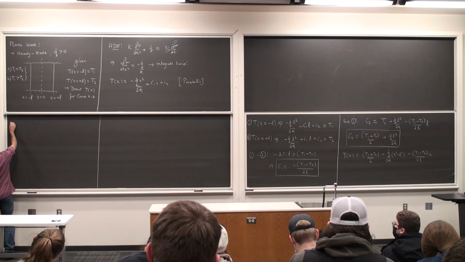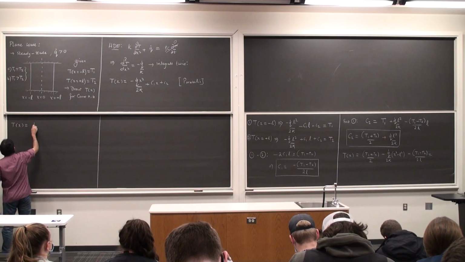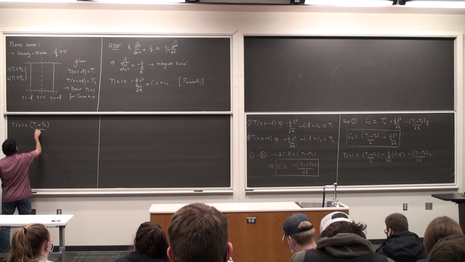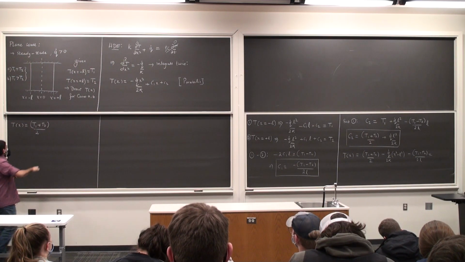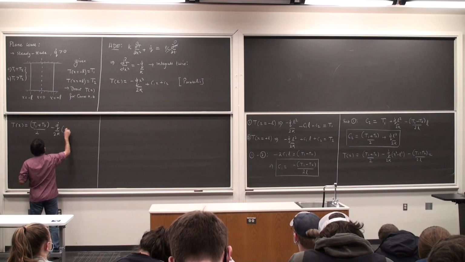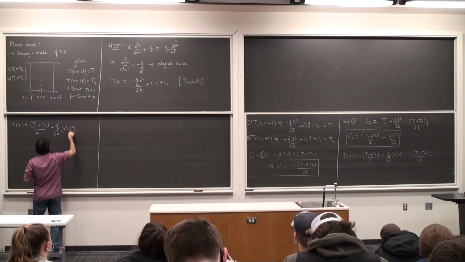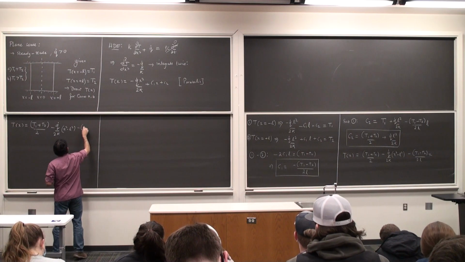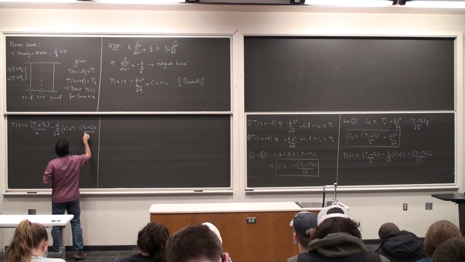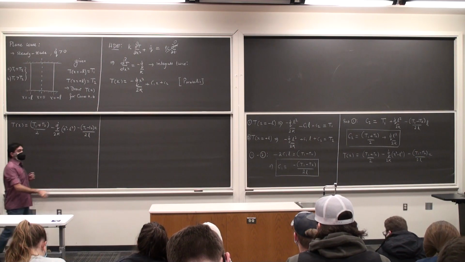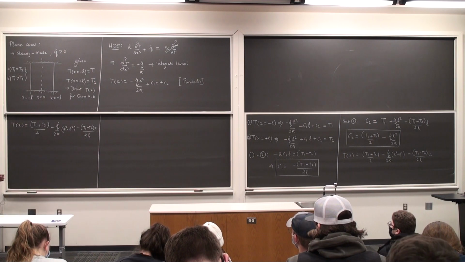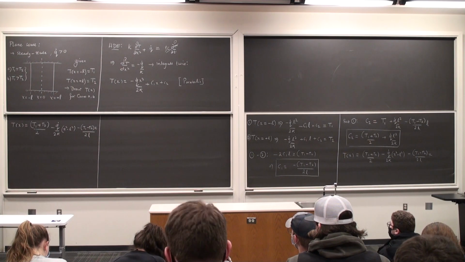Right? So T of x is T1 plus T2 divided by 2, and then the rest of that stuff, q dot by 2k times x square minus L square, by 2. Okay, this is T2. Differentiate once.